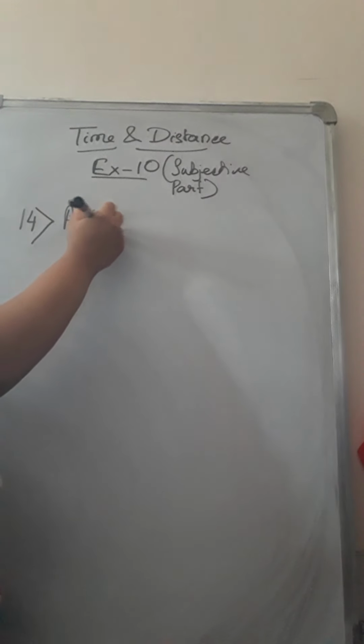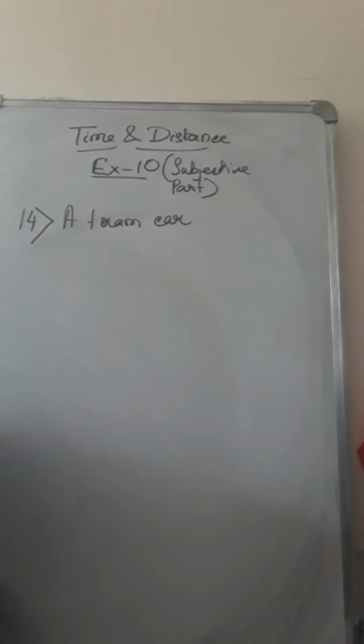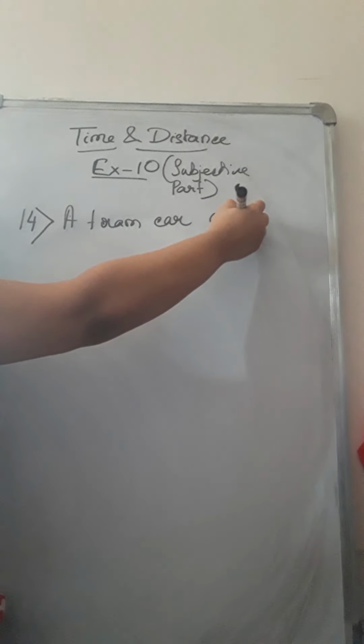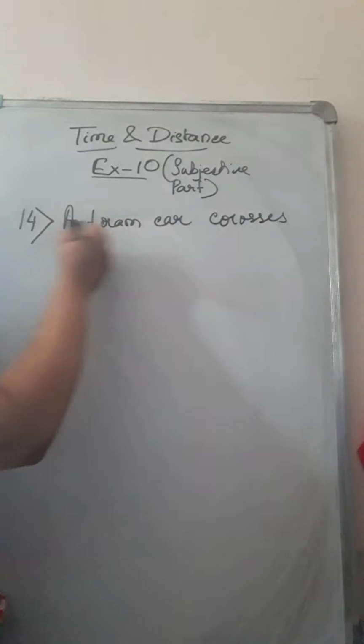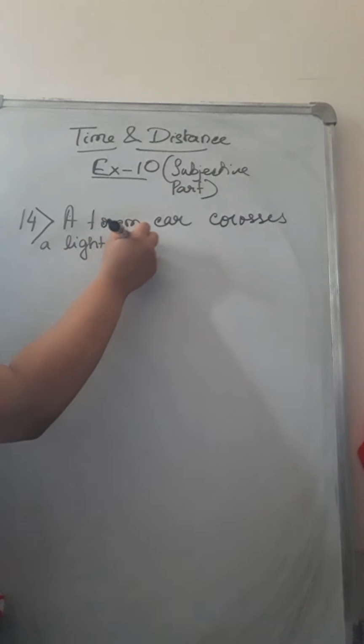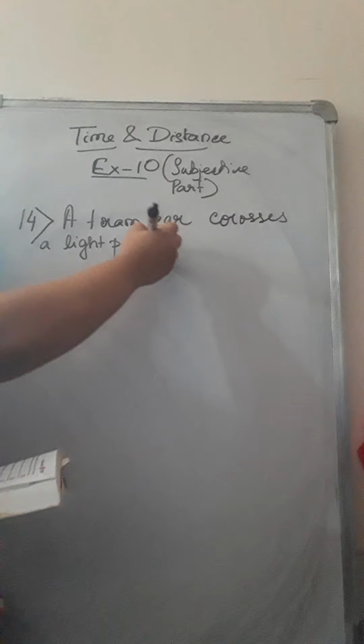From sum number 14. What is the question? A tram car crosses a light post at the side of road.